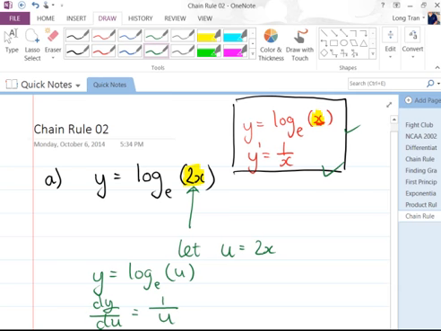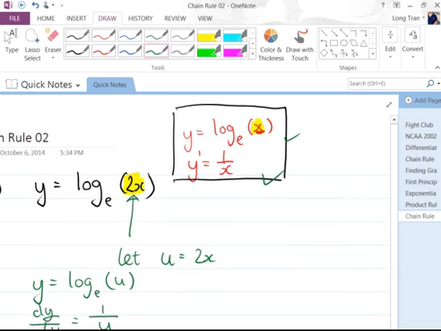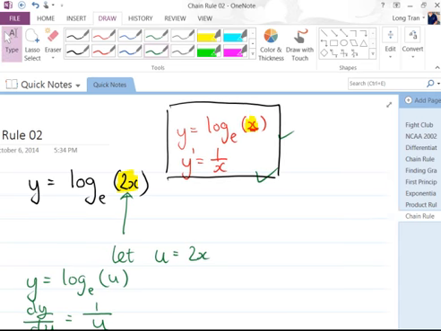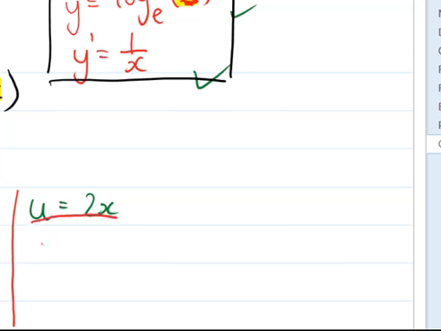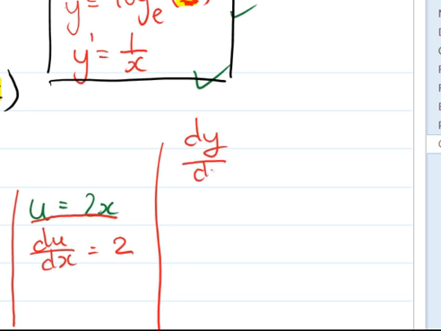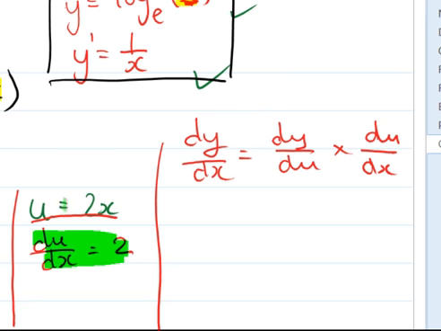So from that idea, I've got dy/du, but at the same time, remember, I let u equal 2x, so I've got to find du/dx as well using chain rule, which is actually 2. If you multiply these two together, because remember dy/dx is equal to dy/du times du/dx, which conveniently I've got here, the derivative of u in terms of x, and I've also got dy/du.